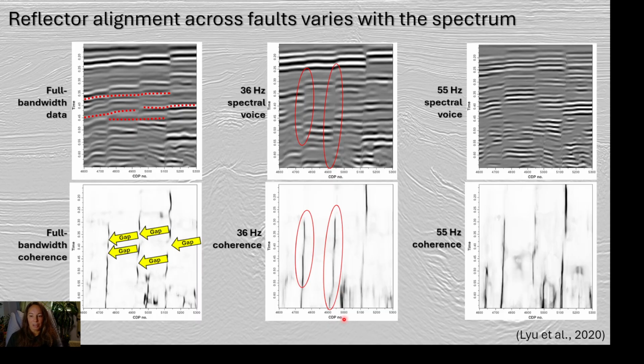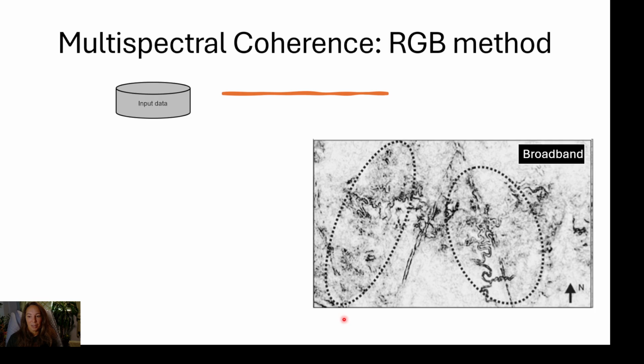So this is just a quick example of the importance of using some of your geometric attributes in different spectral voices to really narrow down and focus on that geometric feature you're trying to pick, in this case faults.